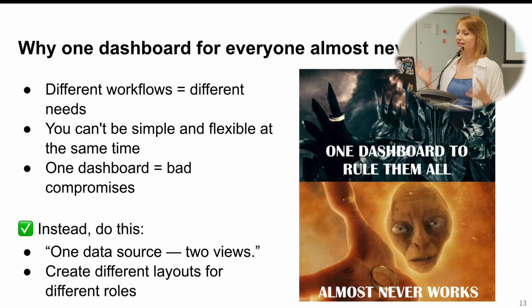The first one is that we have one data source, but we have two views or two workbooks. It also works, but I prefer to create two different data sources for these two different types of dashboards. Why? For example, a reporting dashboard has a different aggregation for the data.